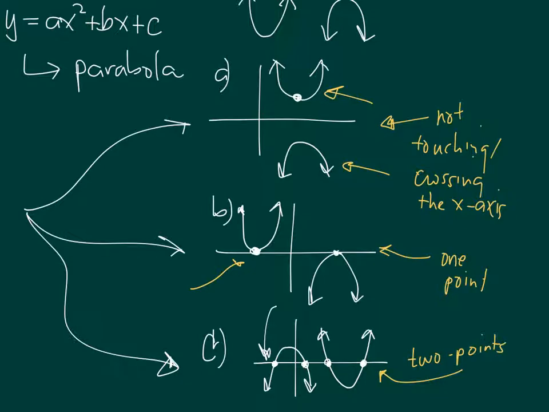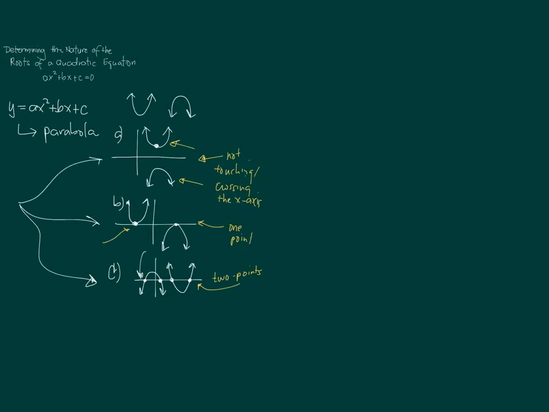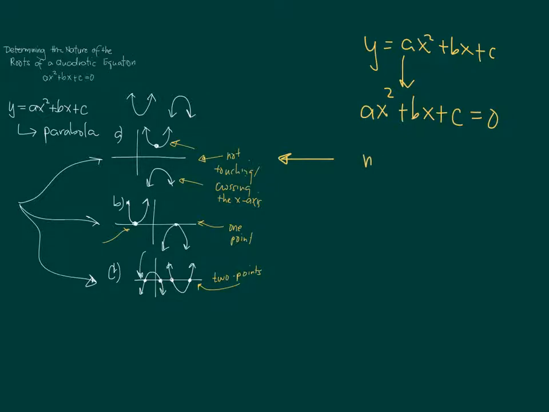The first one, letter A: if the graph is not touching or crossing the x-axis, that means the quadratic equation ax squared plus bx plus c equal to 0, coming from y equals ax squared plus bx plus c, has no real roots.